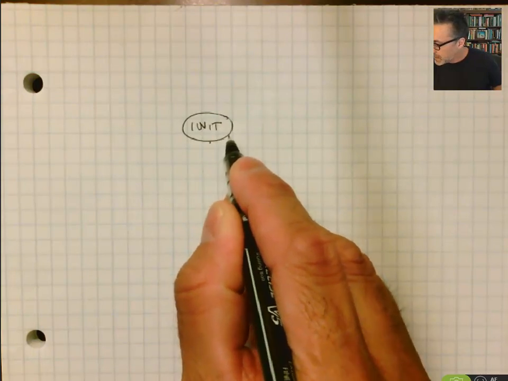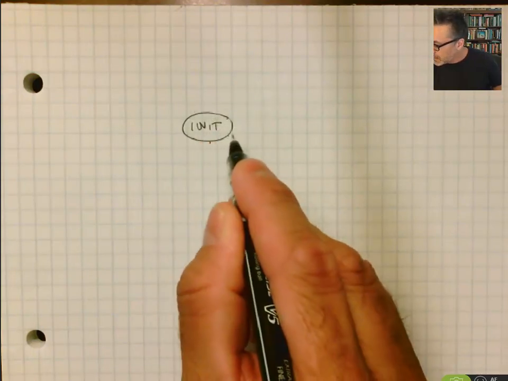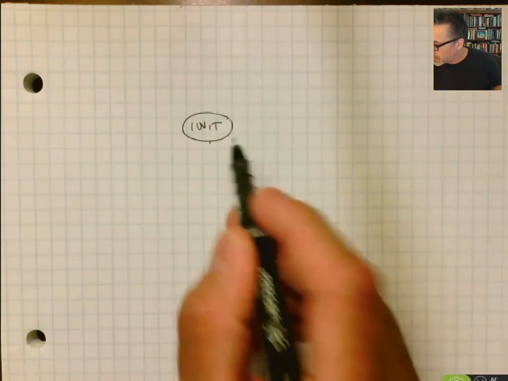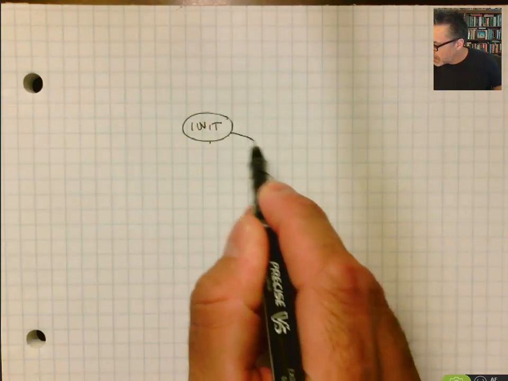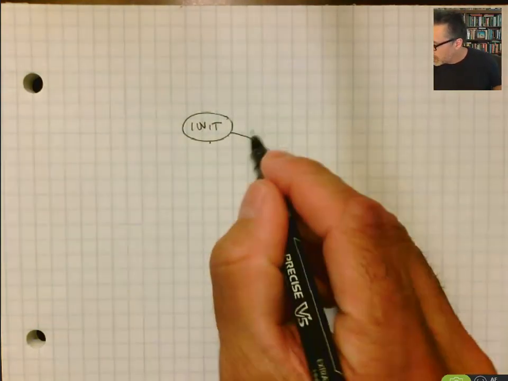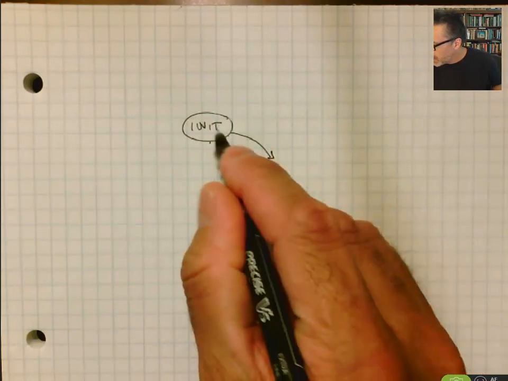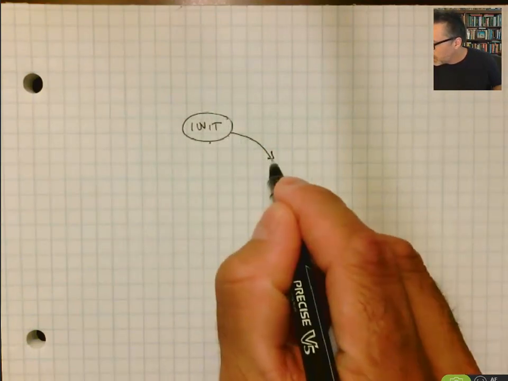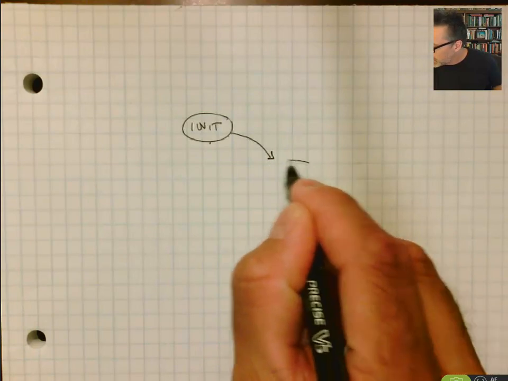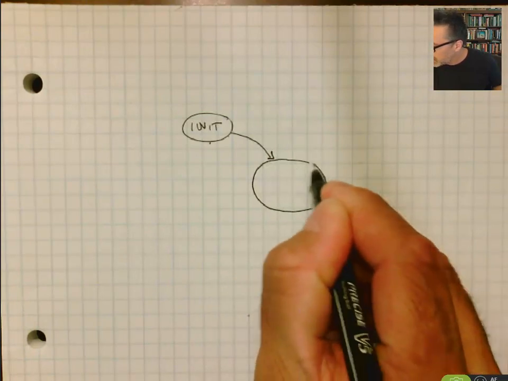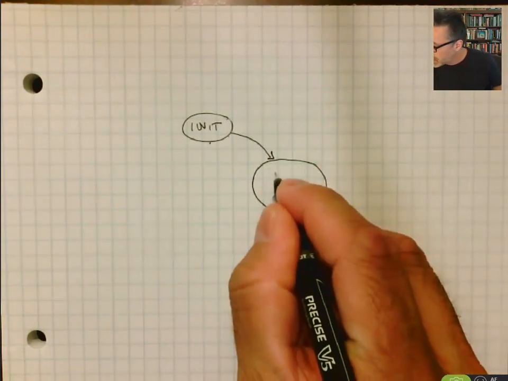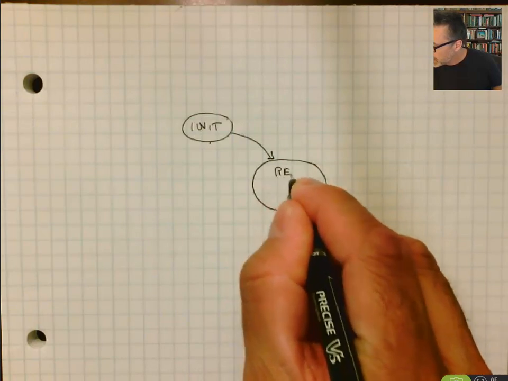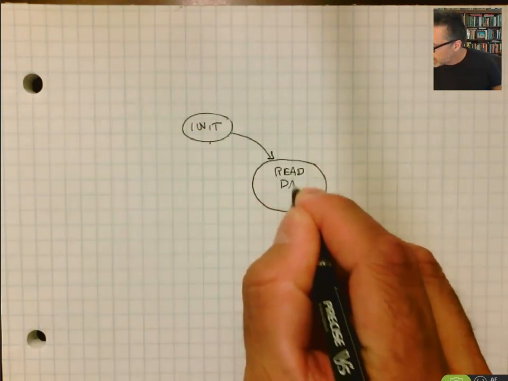So this is a state, and then you want a transition, and this transition occurs through some action that you're going to define. So there's not going to be any action. The init state can only go right into the first state that you want it to go to, and then you can specify this. Remember, you're using this, so you can say start reading, read data.